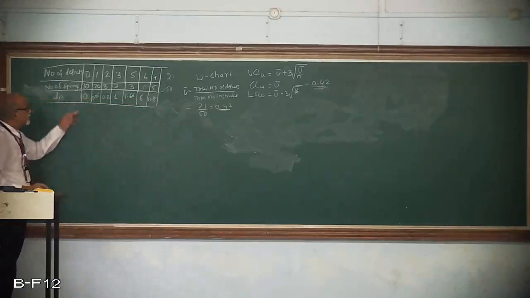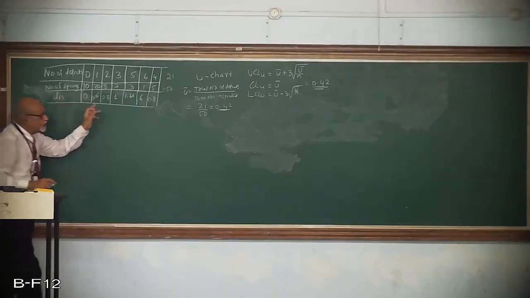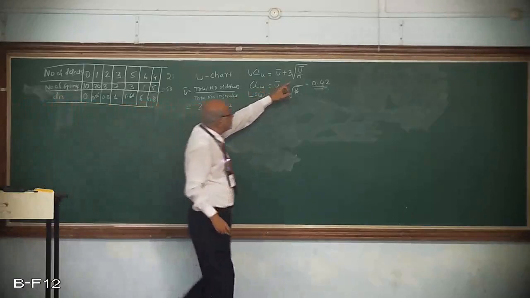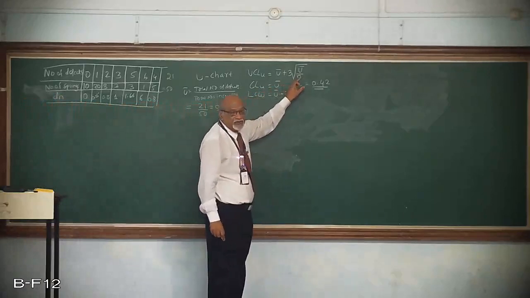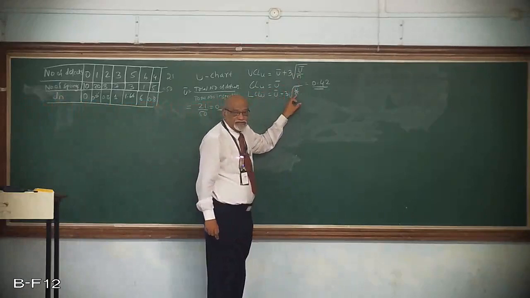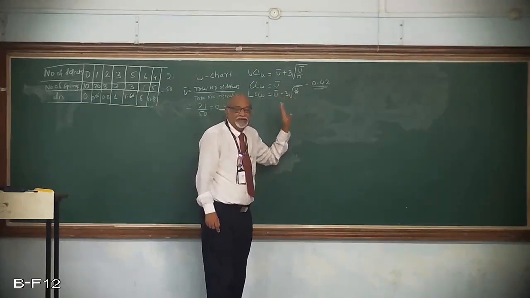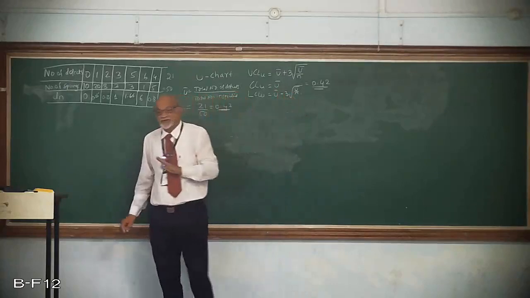Now since the sample size varies, the upper control limit and the lower control limit are going to vary, because upper control limit also has a value n over here, and lower control limit also has n. Hence, individually I need to set up for these things.